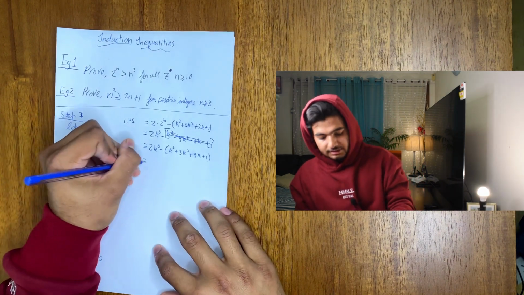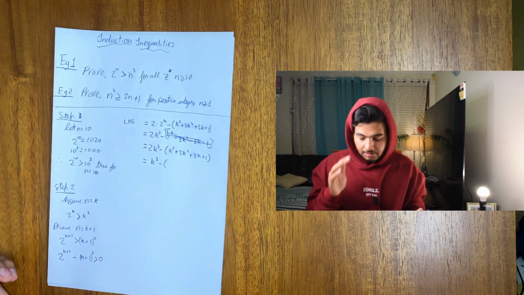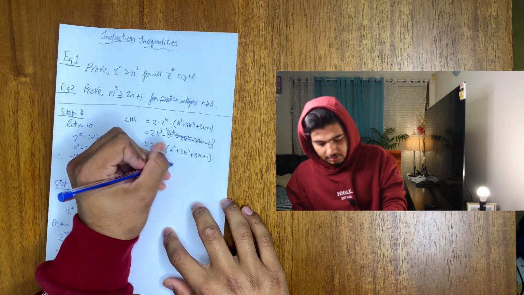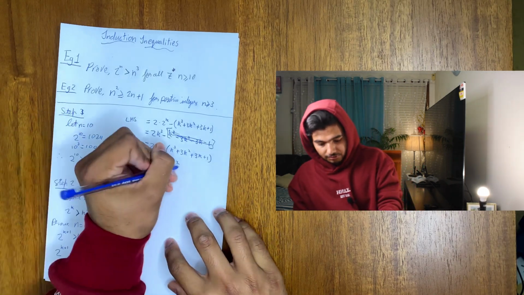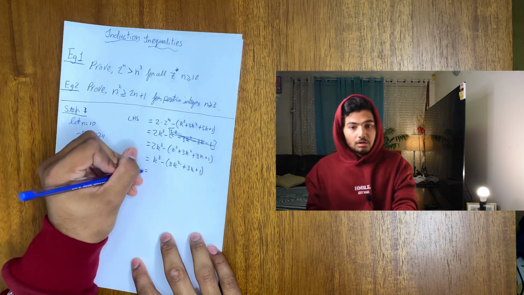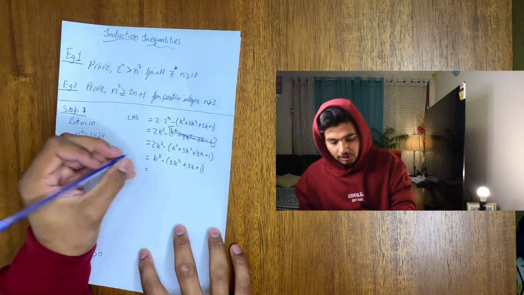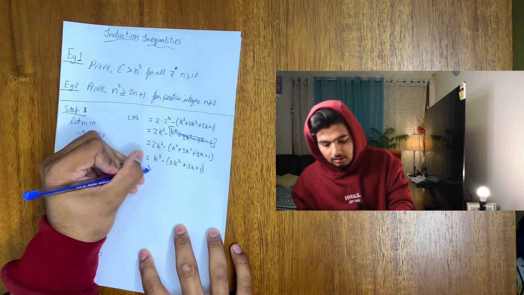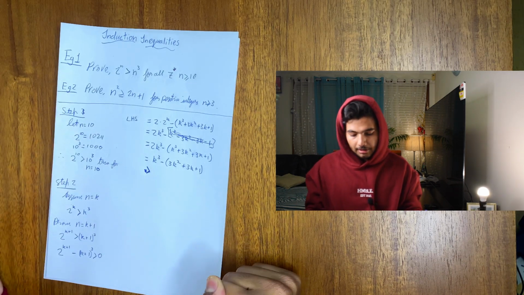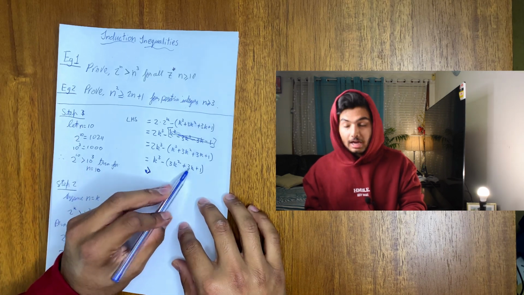Correct? This then becomes k cubed minus 3k squared minus 3k minus 1, as that then gives me, that will then be greater. This is LHS.